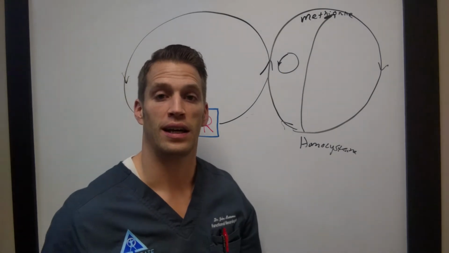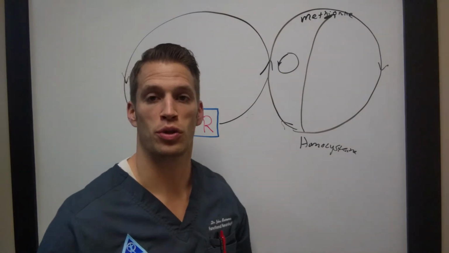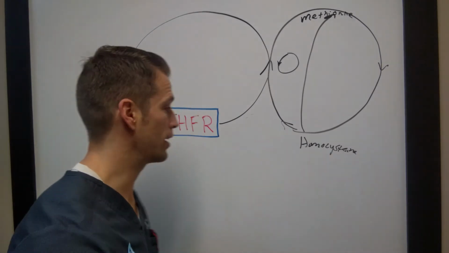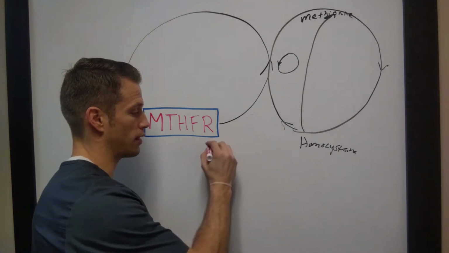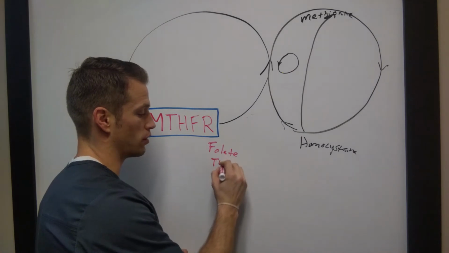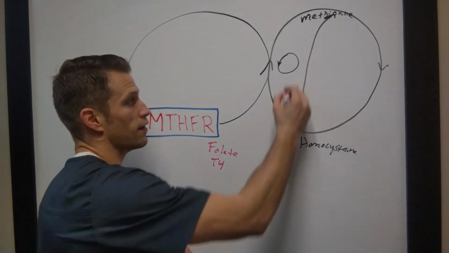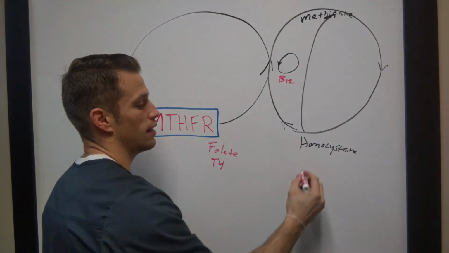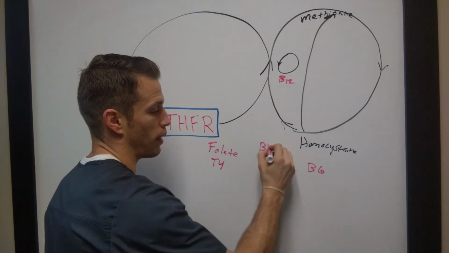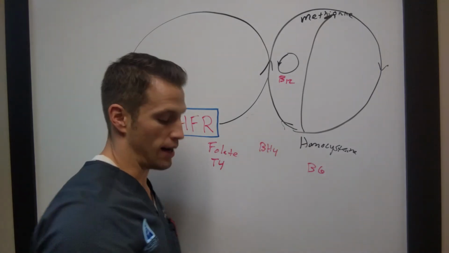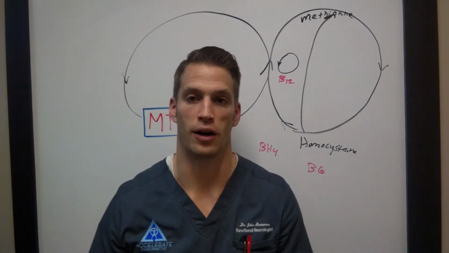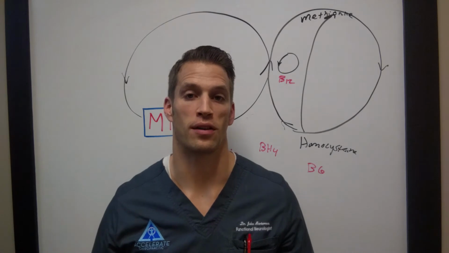Well, one key is that every gene requires certain nutrients to function properly. So if the MTHFR gene does not have things such as folate, methylfolate specifically, if it doesn't have thyroxine or T4 thyroid hormone, if B12 isn't present, if B6 isn't present, if a thing called BH4 or biopterin isn't present, if zinc isn't present, and copper and magnesium and vitamin C and glutathione, there's a lot of things that contribute to the methylation cycle.